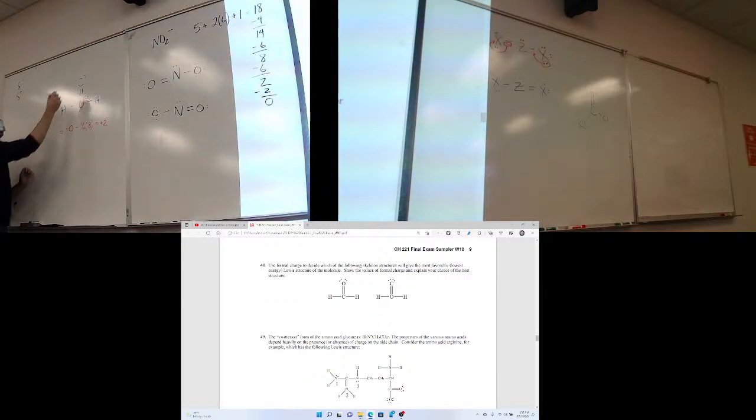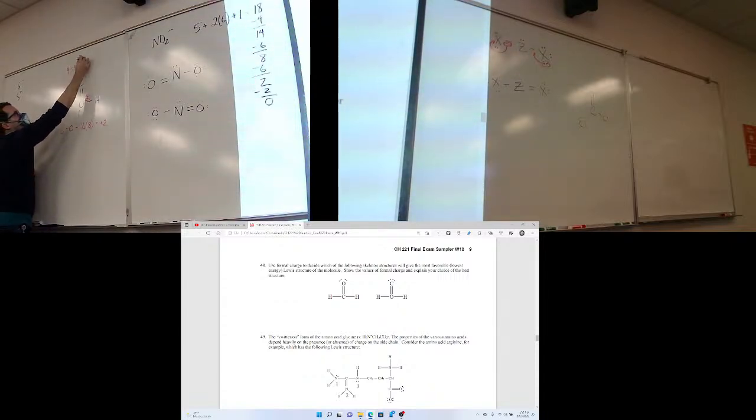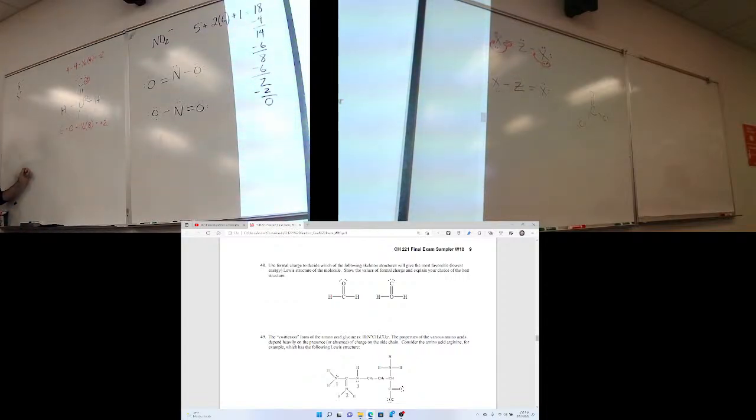And if we do it for the carbon, 4 valence electrons minus 4 lone pair electrons, minus half the number of bonding electrons, there are 4 in there. You get a -2. That seems pretty bad to me. Pretty large formal charges. If you compare it with the one on the left, you will definitely get a 0 formal charge on the carbon and a 0 formal charge on the oxygen.